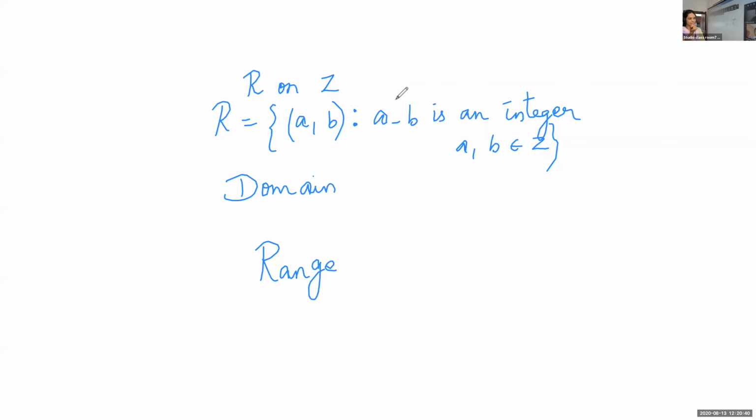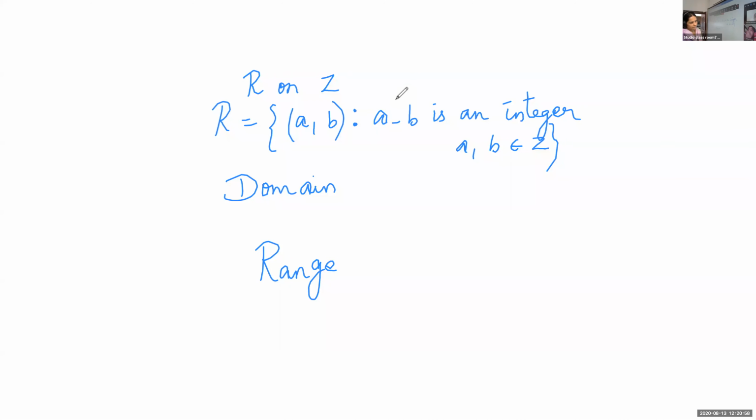Is it a finite or infinite set? Infinite, isn't it? Set of all integers means it goes on, so we will not be able to represent it using an arrow diagram; there also we have to put dots. Now you take any 2 integers and subtract.